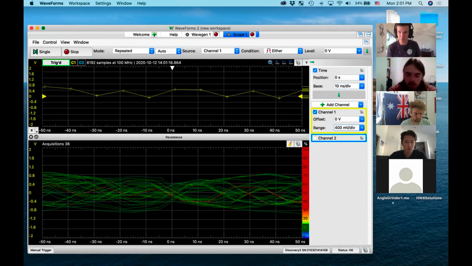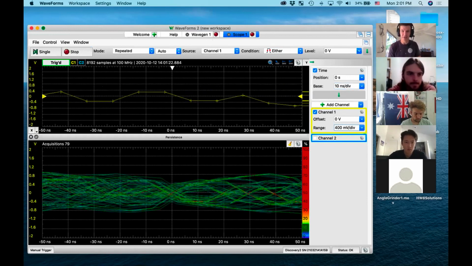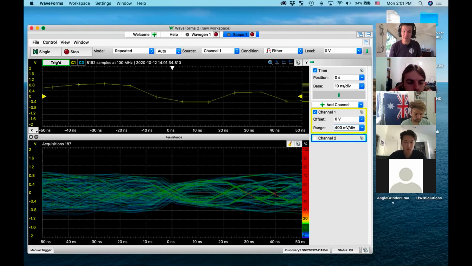So I think what we're seeing is that we're running up against the bandwidth of this device, in that we're asking it to do a 100 megabit type data rate. And so then the eye opening, this is like sending a high bandwidth message through a low bandwidth channel. So we end up with a much narrower eye opening.